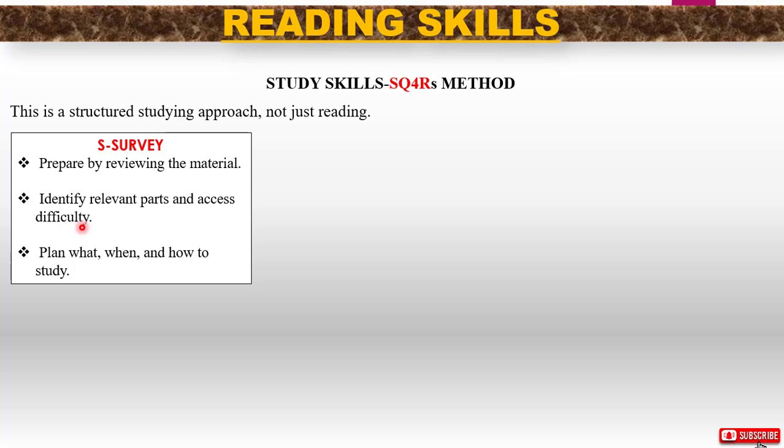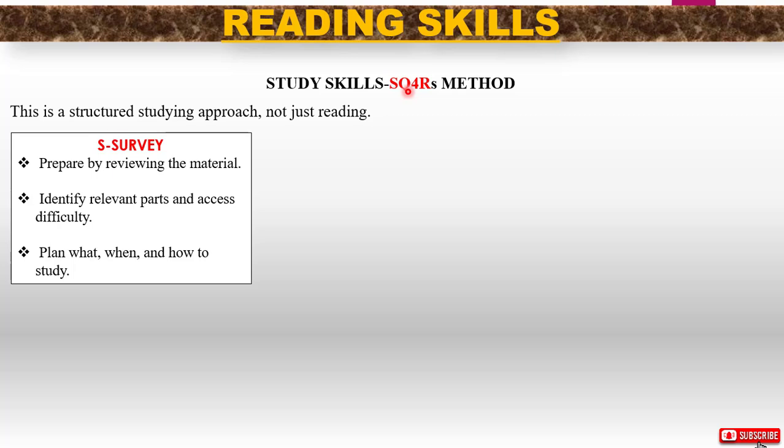If the text is not that difficult, you will approach it in a different way. So when you are doing survey, you will plan what to read, when to read, and how to study. So these are the things that you will have to do to prepare yourself for the reading stage. That is the first thing you must do whenever you want to study.